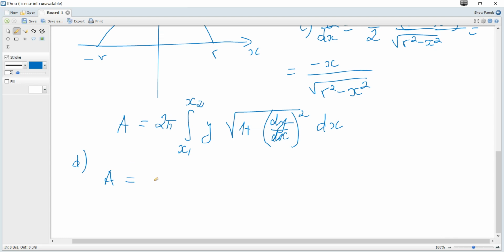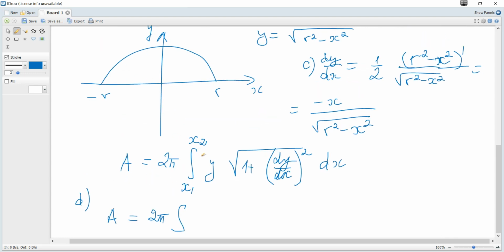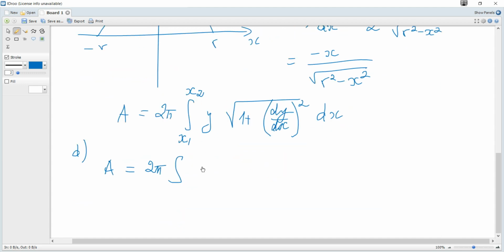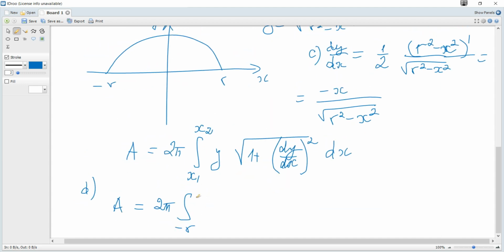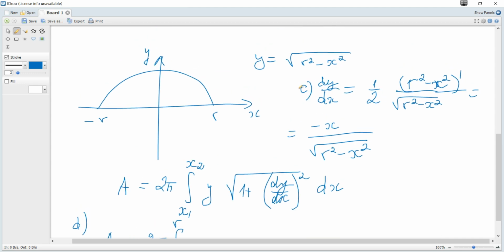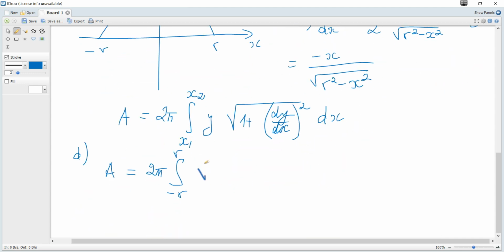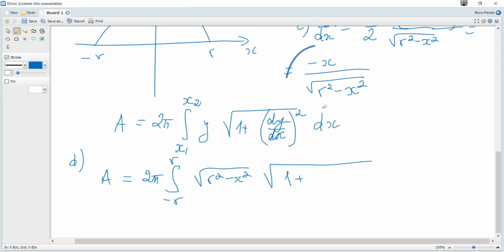So the area is 2 pi, and we consider this semicircle, so x is from negative r to r, y is this curve, square root of r squared minus x squared, multiplied by square root of 1 plus the derivative squared, so it becomes x squared divided by r squared minus x squared, dx.